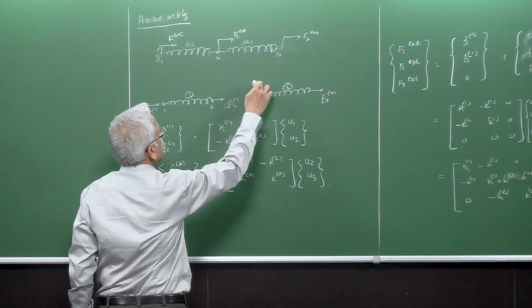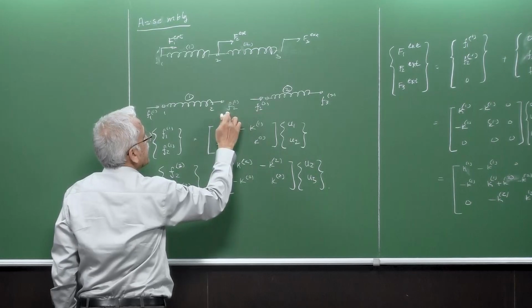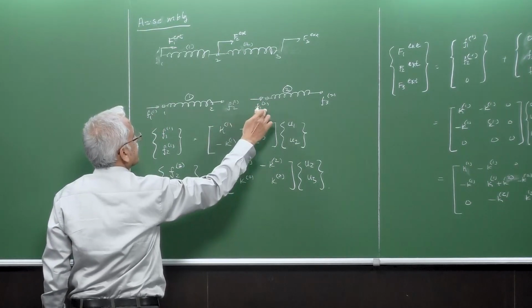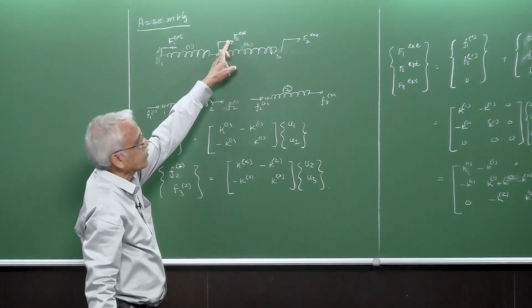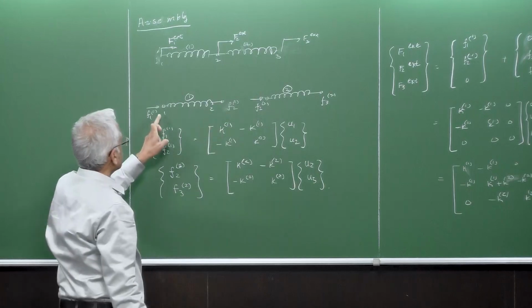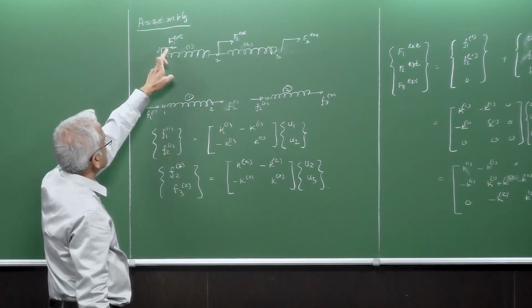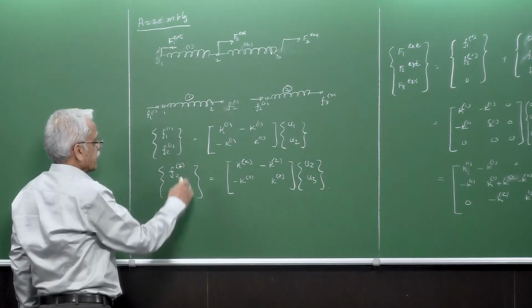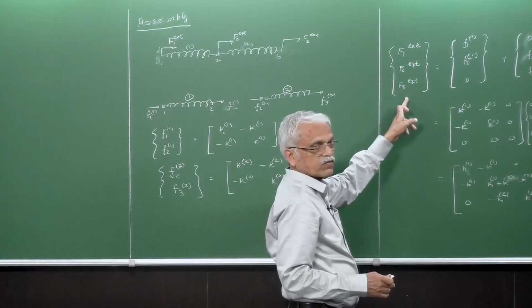So that means that the total external force F2 can be considered to be divided into F21 and F22, or the summation of F21 and F22 can be considered equivalent to the external force F2 here. Similarly, this force F11 can be considered equal to the external force here. So the summation of these two will lead to the external forces here.